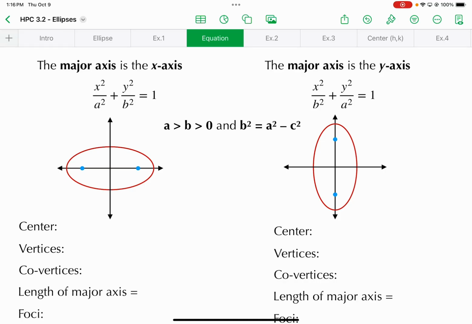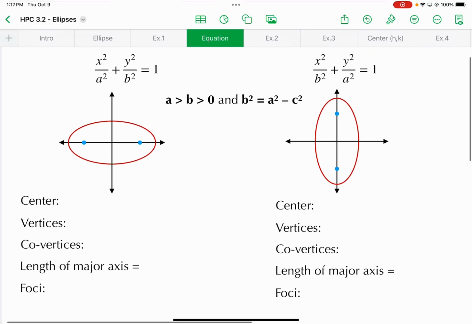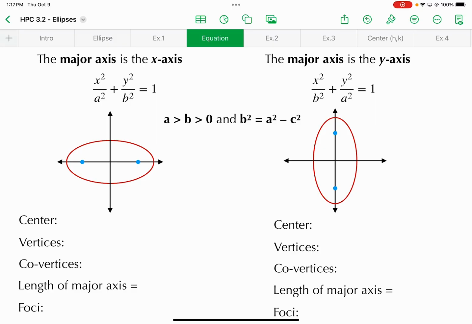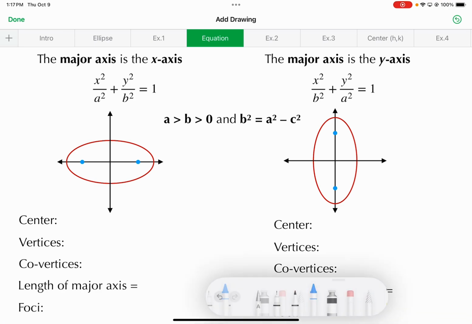All right, so let's start identifying some of the things on my graph. What's our center going to be? 0, 0. Okay. The other thing I want to call out is that a is going to be greater than b, and they're both going to be bigger than 0.